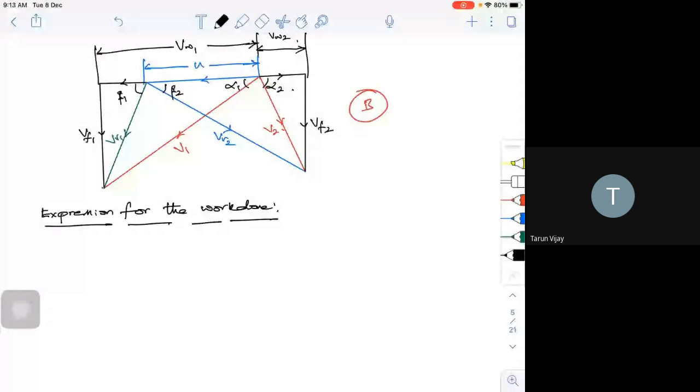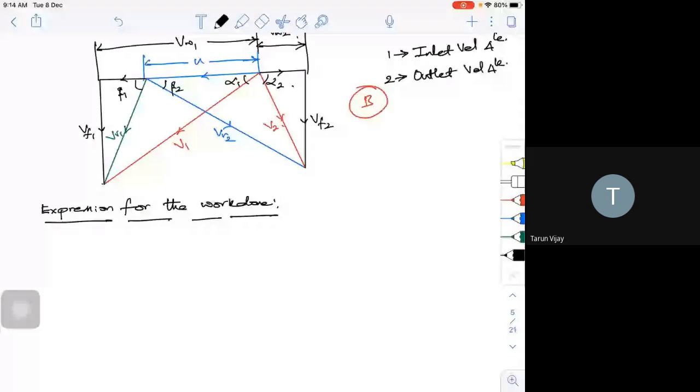One is the inlet velocity triangle. So all V1, VR1, VF1, VW1 belong to your inlet velocity triangle. That means I can call that one as your inlet, and two as your outlet or exit velocity triangle.